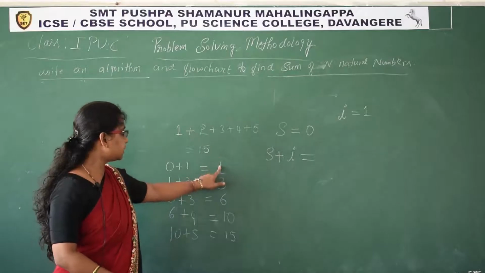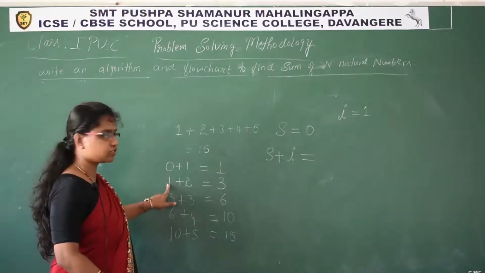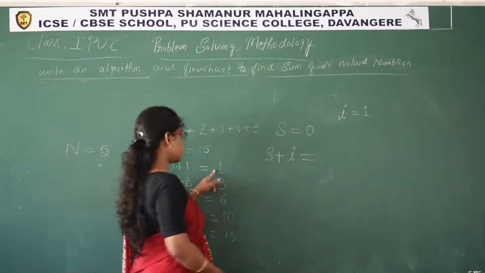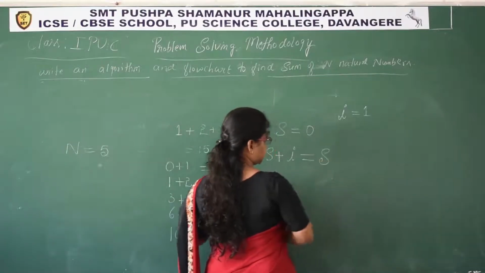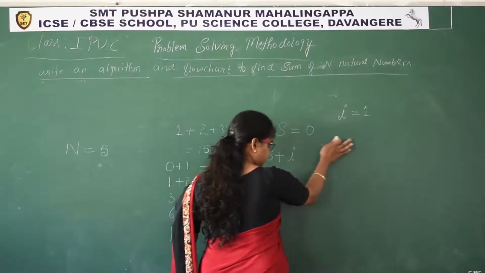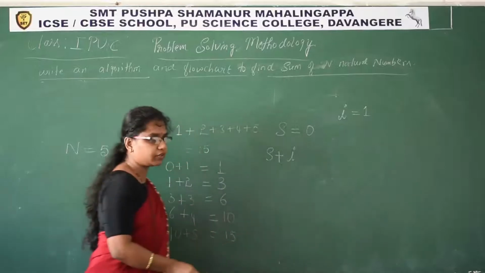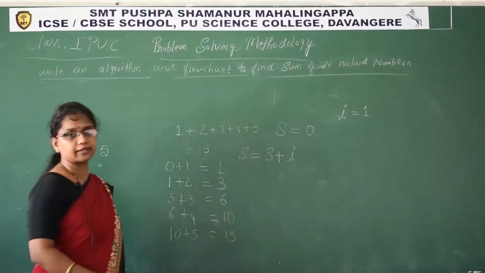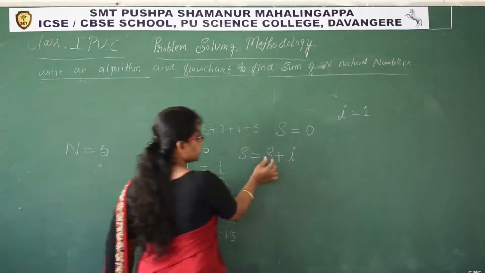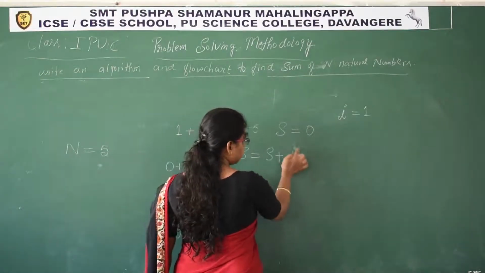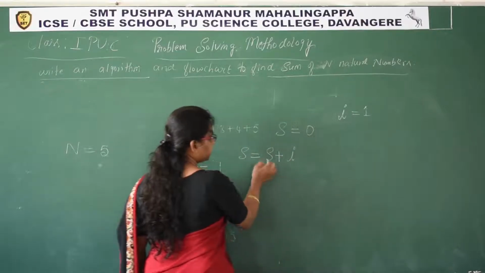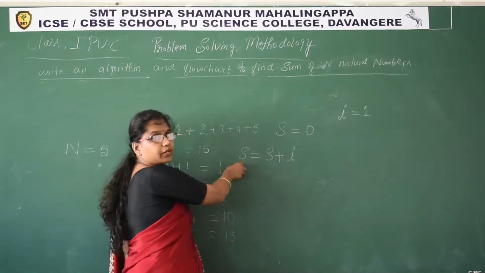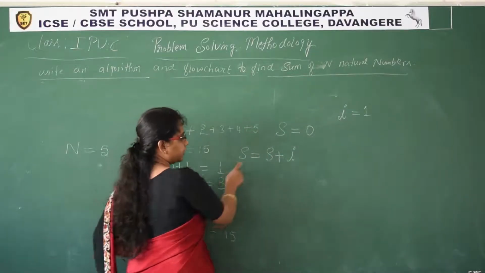Again that result will be the addend of the next iteration. So I should store that result in s itself. But in an algorithm or in programming we have to write like this, s is equal to s plus I, which means after performing this arithmetic operation, the result has to be stored in this variable s, this identifier.